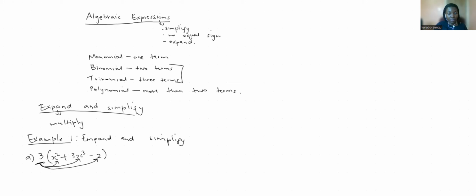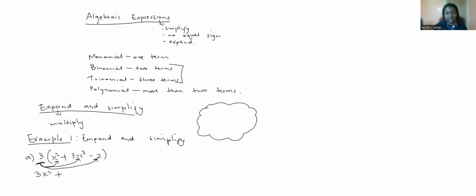Now let's go. We say 3 multiplied by 3x squared. Then you're going to have 9x squared. 3 is positive, right? So positive multiplied by positive is positive. Now let me write something very important here on the side. I like to tell my learners to write a box.